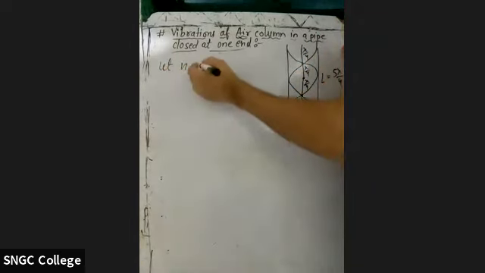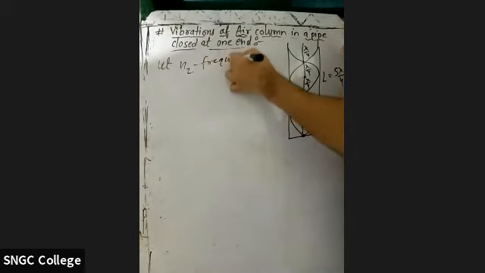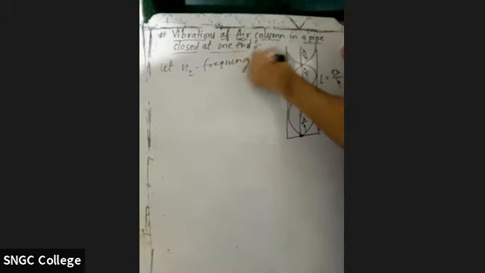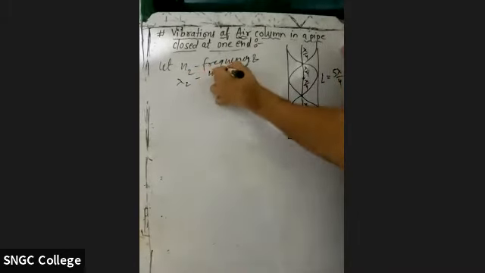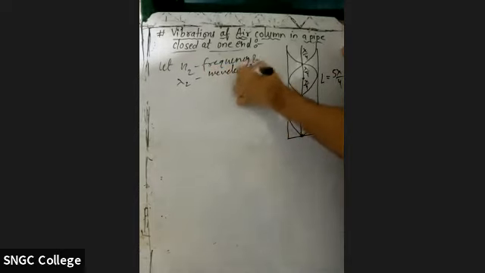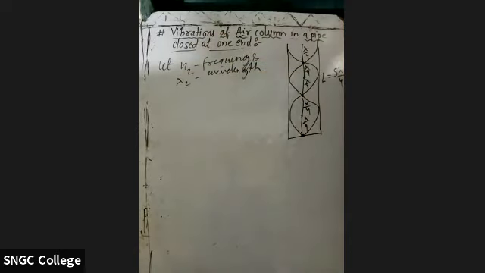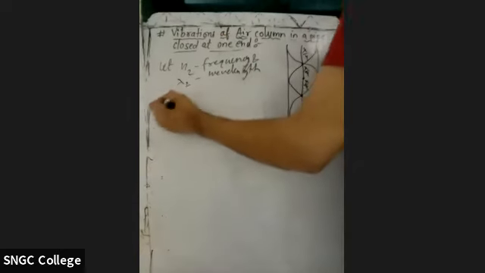Into the frequency and lambda to this wavelength. Again वही प्रोसेस रिपीट करना है. यहाँ पे n2 फ्रीक्वेंसी लिया, lambda 2 is our wavelength, so we have to write lambda 2.